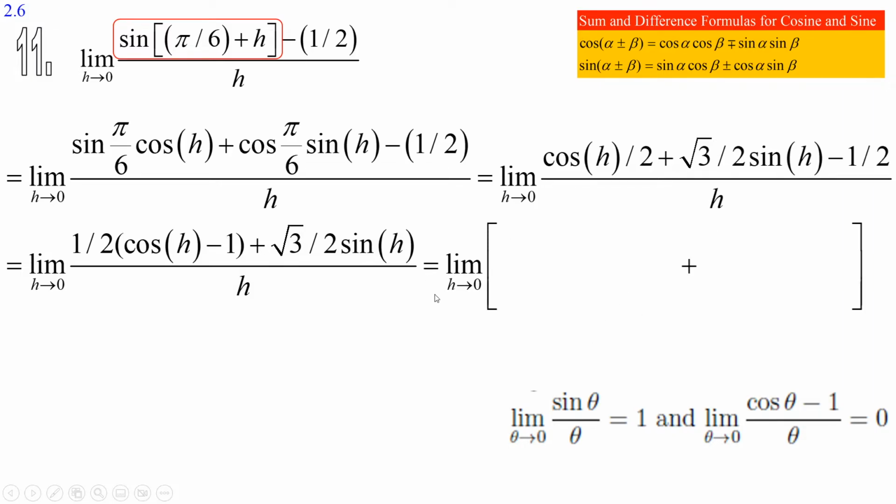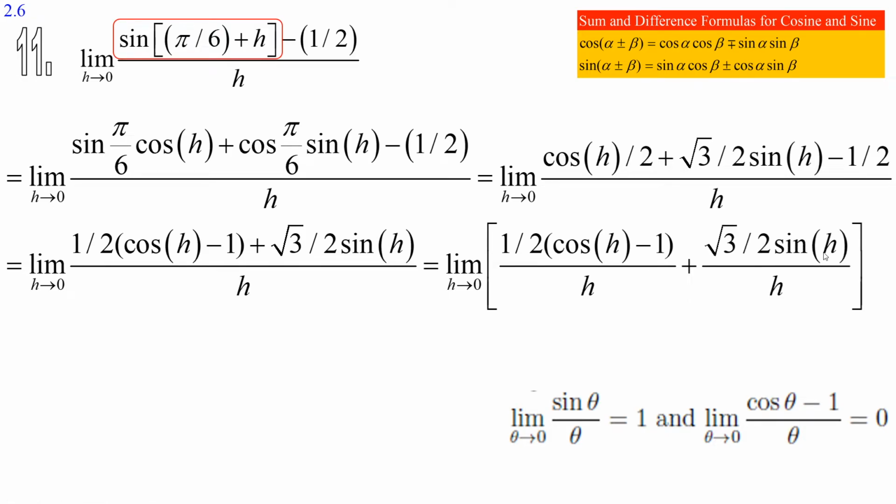So we've got the limit as h approaches 0 of 1/2 times cosine of h minus 1 over h, and then a root 3 over 2 times sine of h over h. Okay, now by our special trig limits, this is approaching 0. 1/2 times 0 is 0. And this is approaching 1. So I have 1 times root 3 over 2, and that's root 3 over 2.